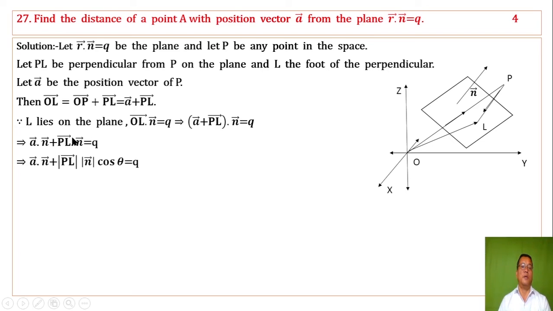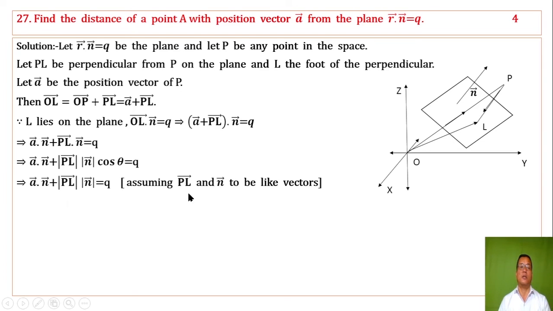The scalar product of PL and n is magnitude of PL into magnitude of n into cos theta. Why? Assuming PL and n vector to be like vectors, the angle between them is 0, that is cos of 0 is 1.